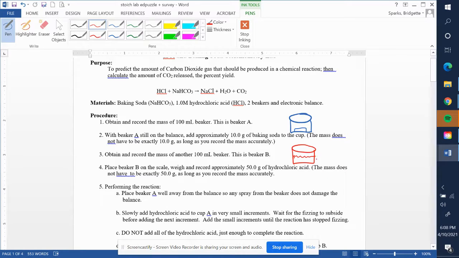Now, what's important to know is that 50 grams of hydrochloric acid is not just hydrochloric acid. It is hydrochloric acid and water. Because hydrochloric acid is a gas and water is a liquid, in order to make this hydrochloric acid solution, this acid has been dissolved in our water.